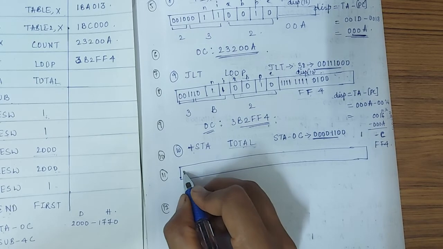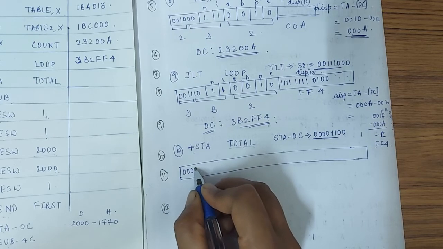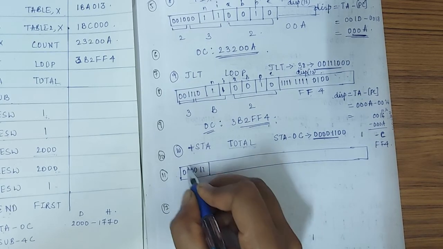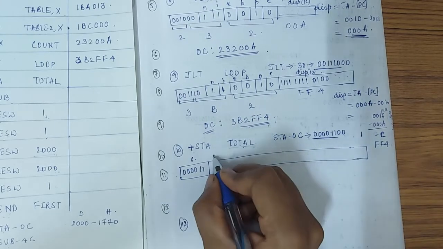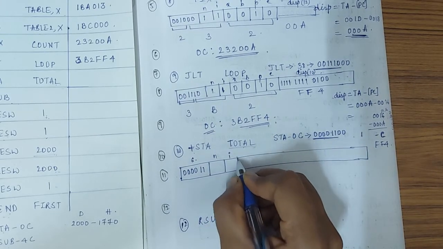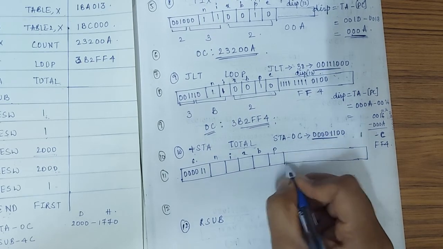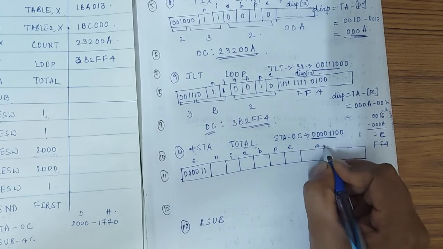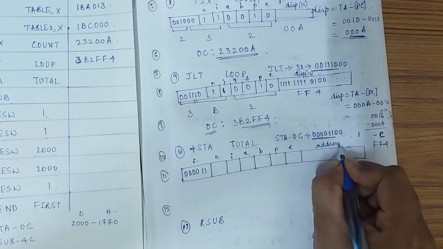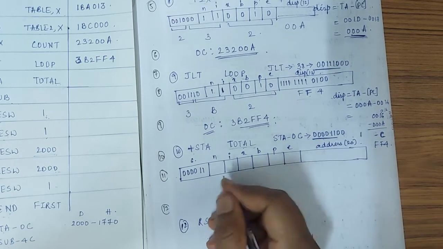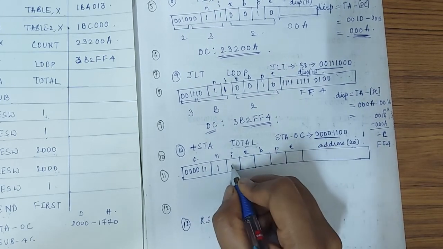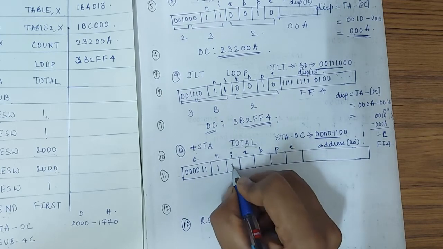So let us write the opcode value 001100, which occupies 6 bits. N, I, X, B, P, E. This is the address field which occupies 20 bits. Okay, this is neither indirect nor immediate.